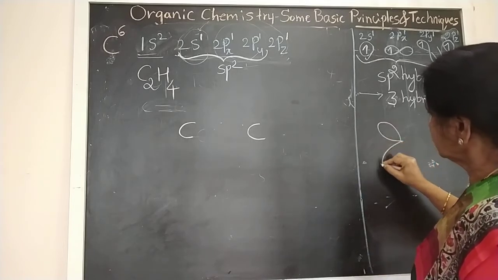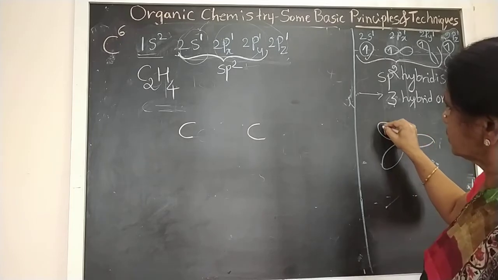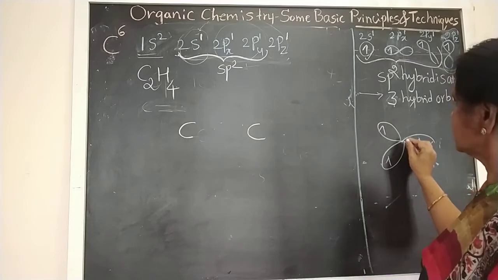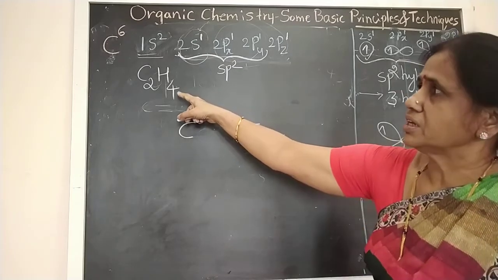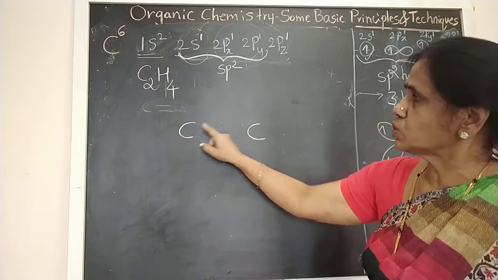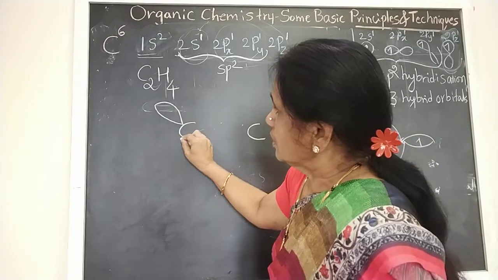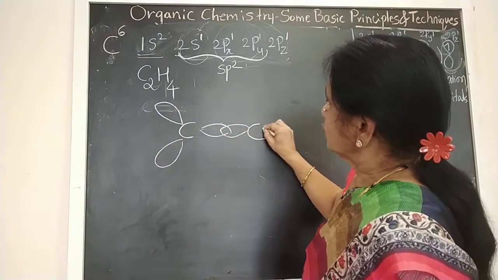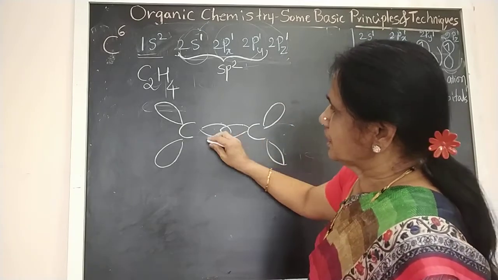So carbon gives 3 equivalent hybrid orbitals which contain unpaired electrons. Okay, this is about one carbon. But similarly, in ethene, as there are 2 carbons, both undergo hybridization and give 3 equivalent hybrid orbitals each. Each hybrid orbital contains a single electron.